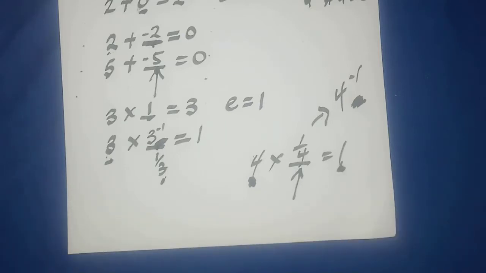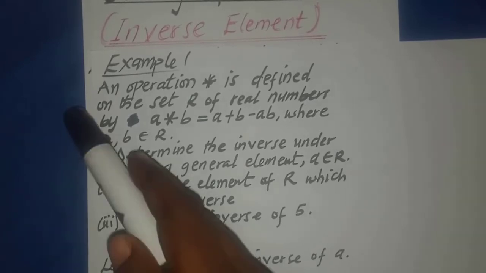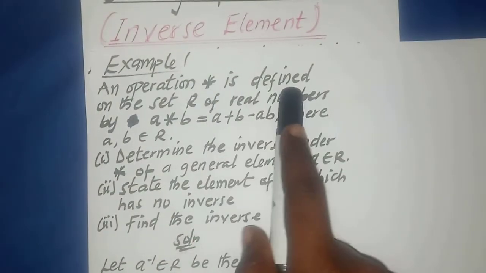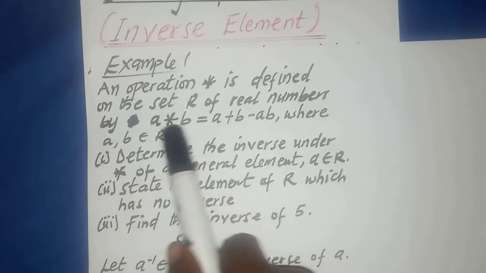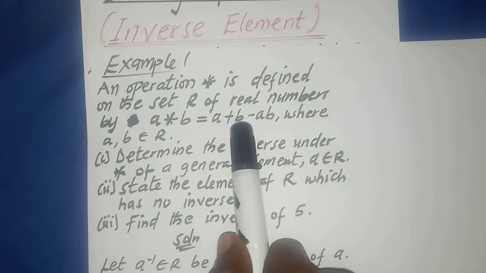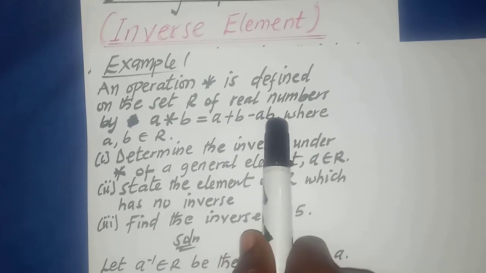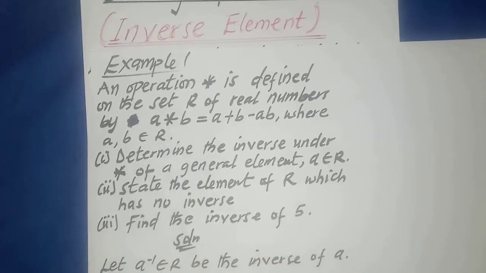So now let's pick some simple examples on the binary operation. This simple example is saying that an operation star is defined on the set R of real numbers by A star B is equal to A plus B minus AB, where A and B are all real numbers.